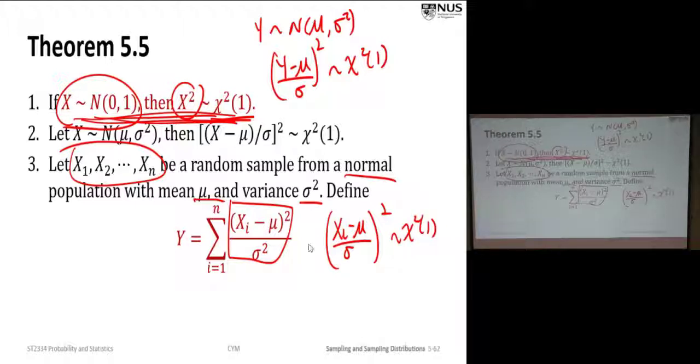Now if I have a bunch of them and I add them up, i from 1 to n, this means 1 plus 1, because each is chi-square 1. So I add all the degrees of freedom. How many are there? n of them. So it's equal to chi-square with n degrees of freedom. So Y follows a chi-square distribution with n degrees of freedom.